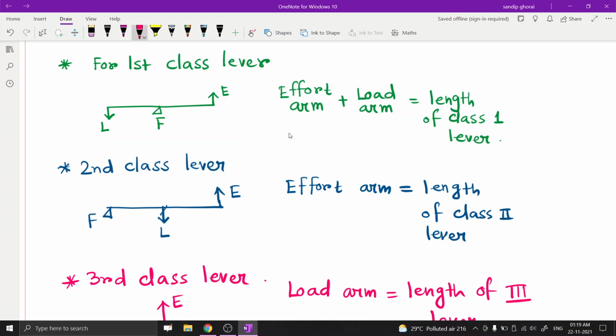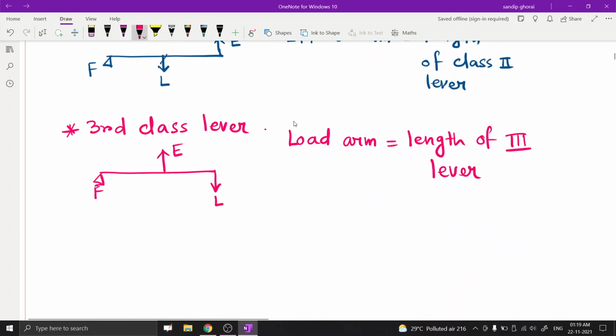If mechanical advantage is greater than 1, effort arm is greater than load arm, and if mechanical advantage is less than 1, load arm is greater than effort arm.